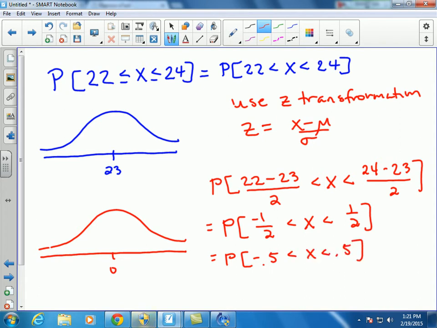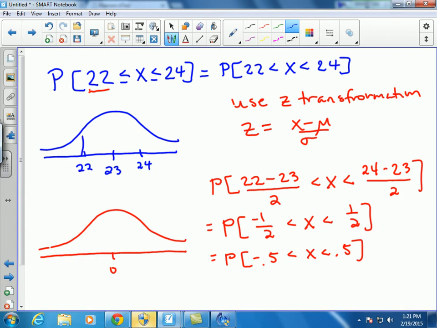Okay, we knew that. We knew that it was half a standard deviation away because of where 22 and 24 were compared to 23. So what this does is it just took the number 22 to 24, right?